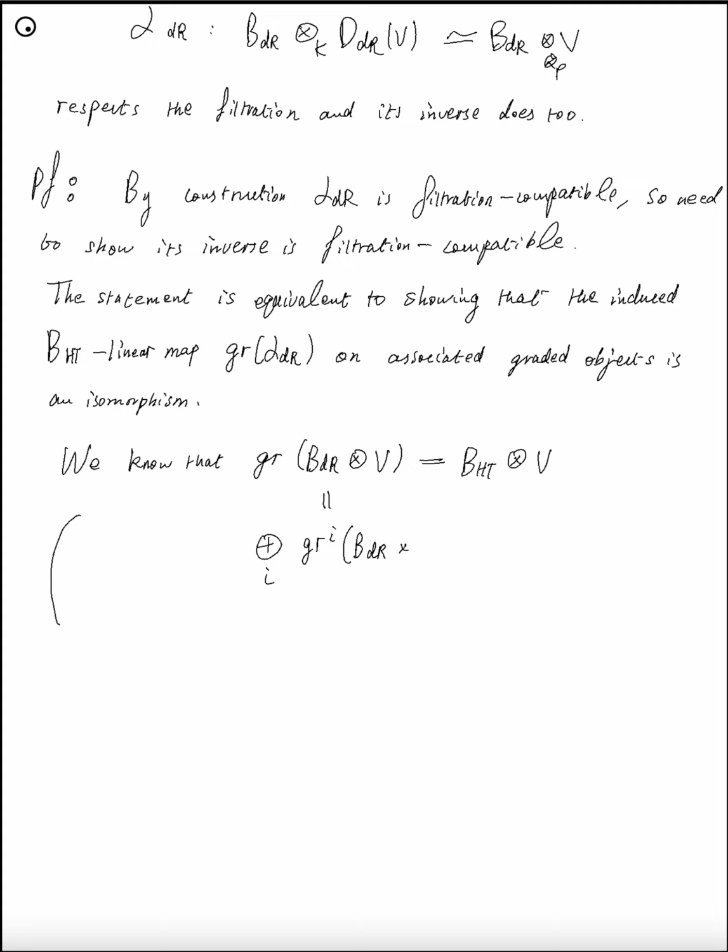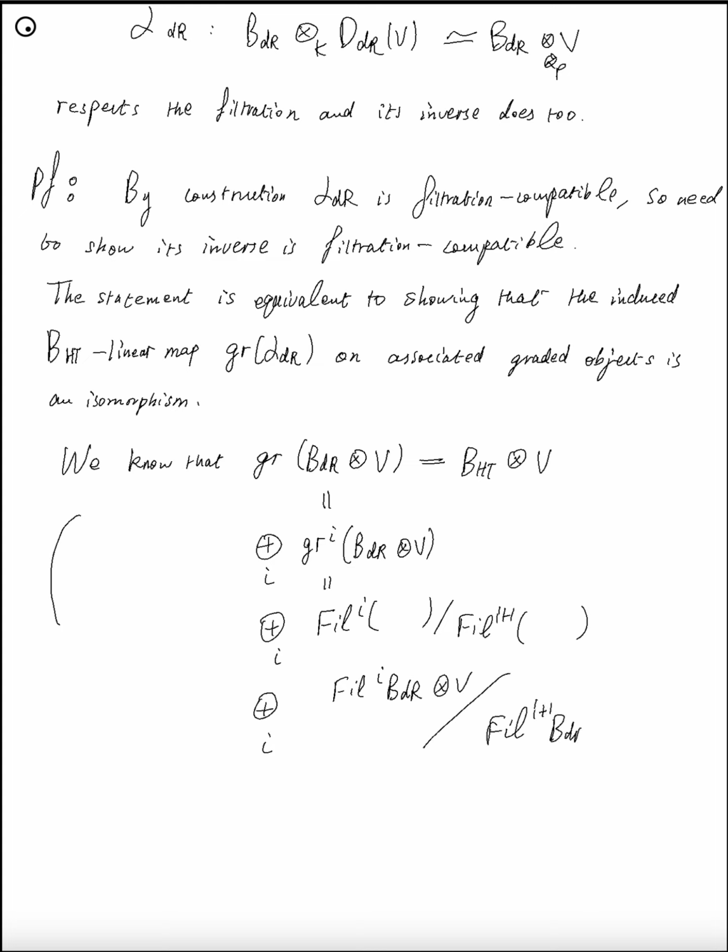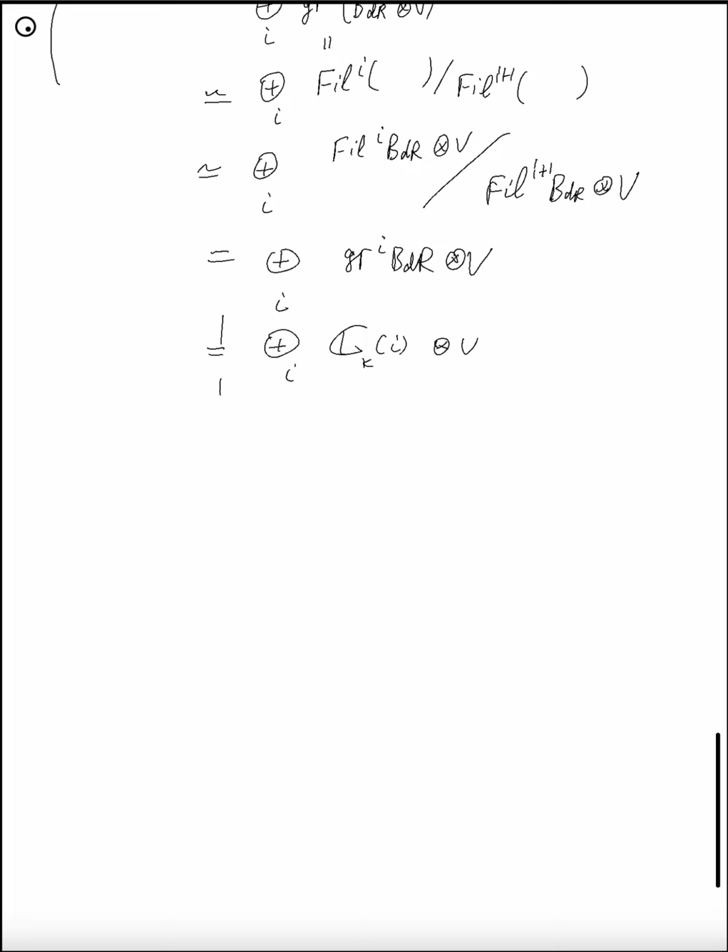This is Fil^i B_dR tensor W quotient Fil^(i+1) B_dR tensor W, and so this is isomorphic to just the graded piece of B_dR tensor W. Right, and this is hence just gr^i of B_dR tensor W, and you could first do the sum and then tensor, and this gives you the Hodge-Tate tensor.